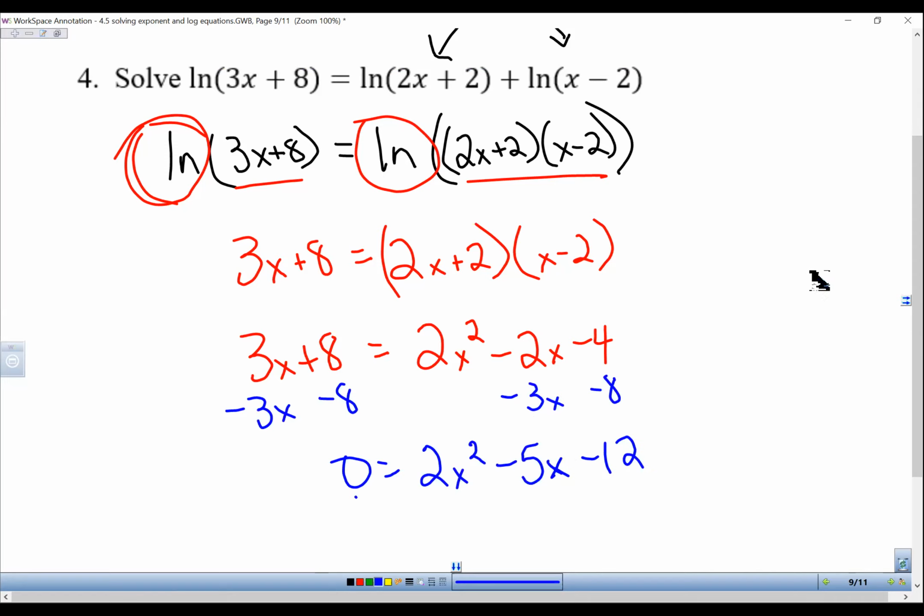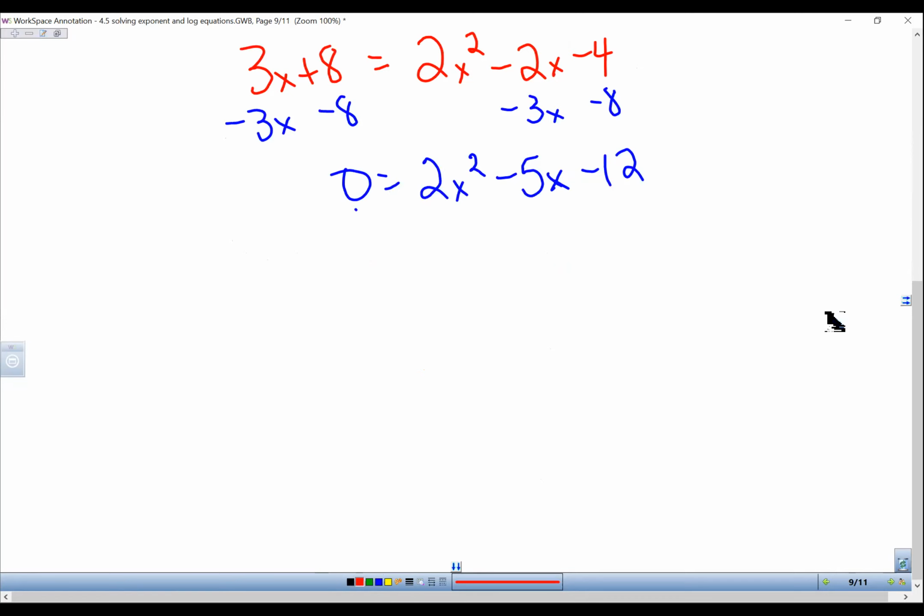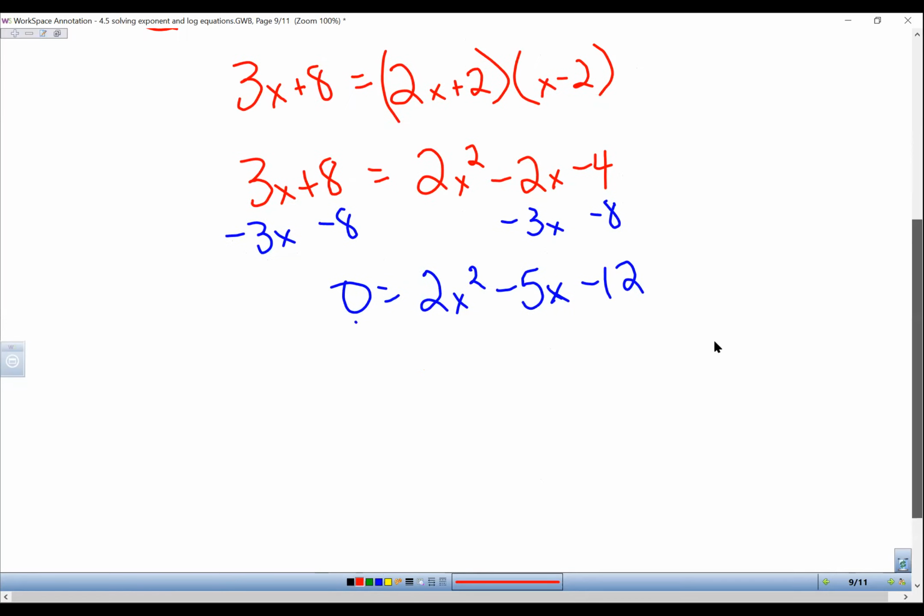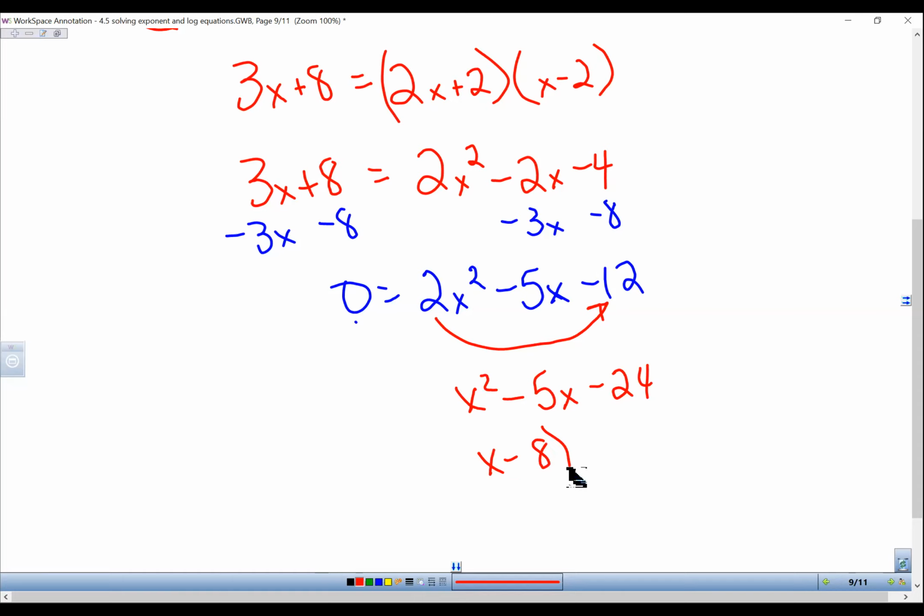So remember, we got a factor, and because we got this 2 here, we would probably want to use slide and divide. We're going to bring this 2 over here and multiply. So we got x squared minus 5x minus 24. And that's going to factor to x minus 8 times x plus 3.